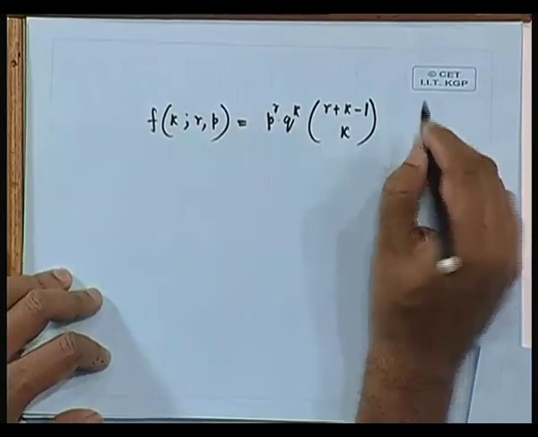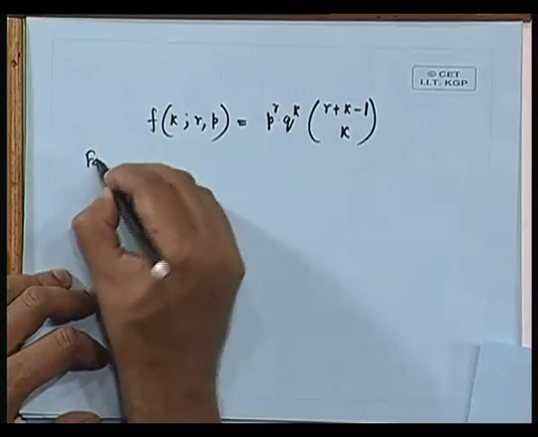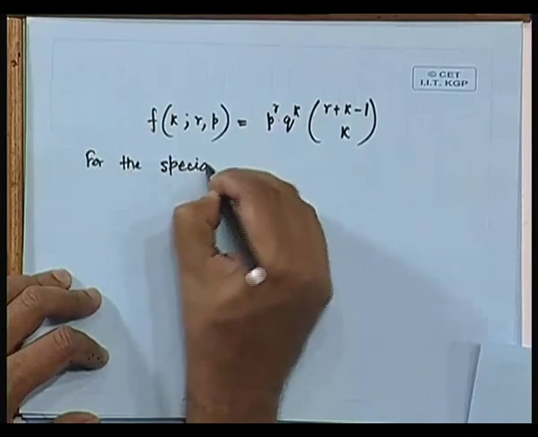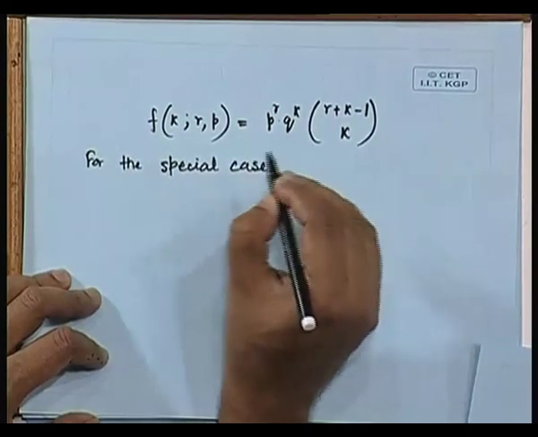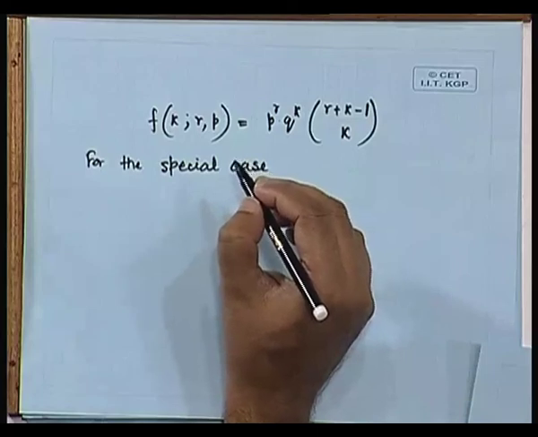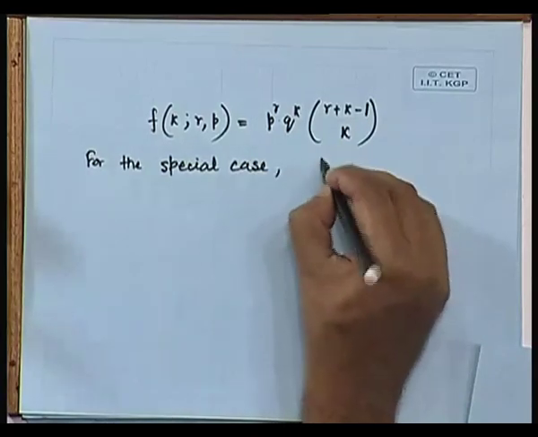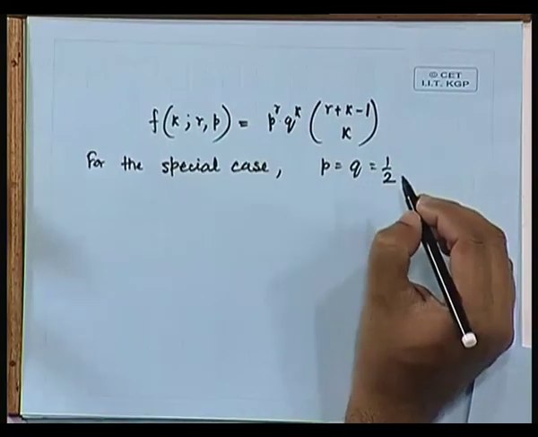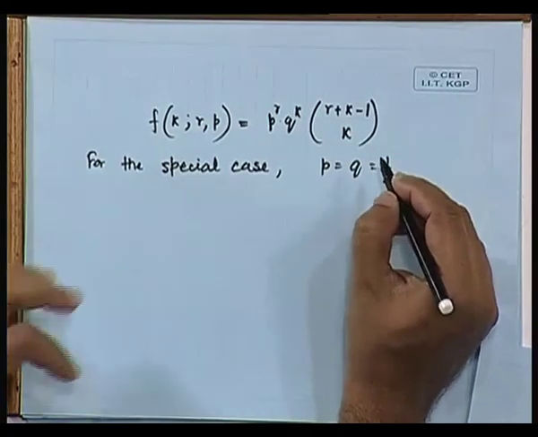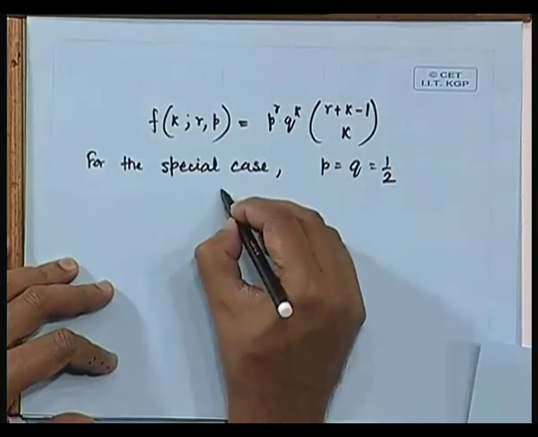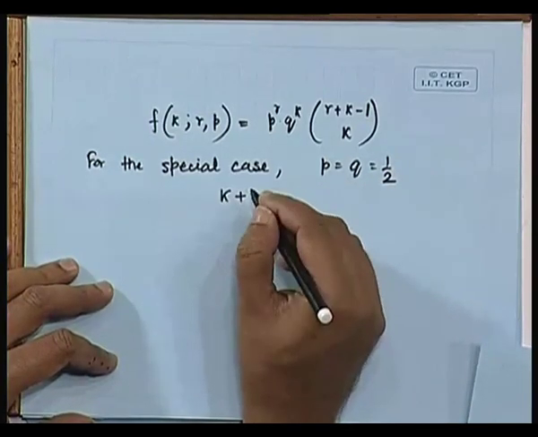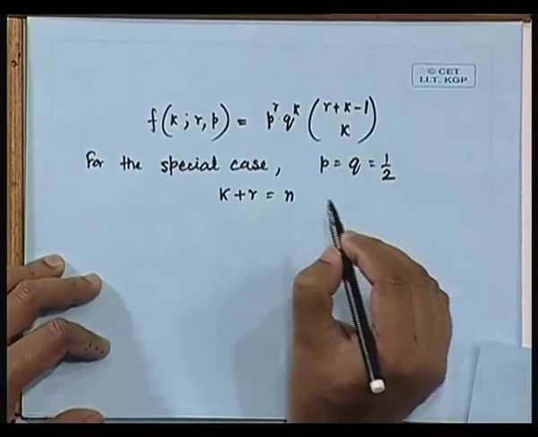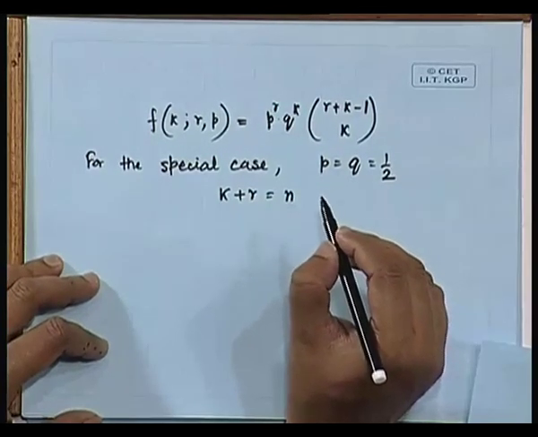Now take a very special case, which is nothing unrealistic: a fair coin toss. For a fair coin toss, P is equal to Q is equal to half. As a special case, we take k plus r equal to n.